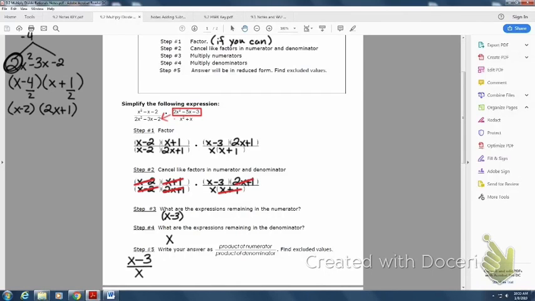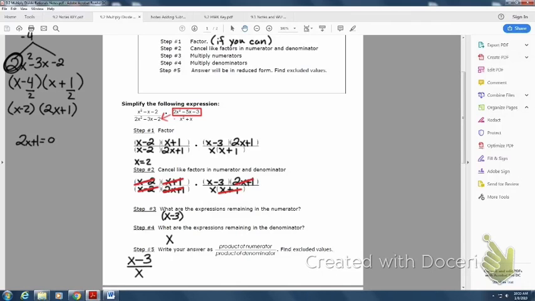You just want to think, if I set these factors equal to 0, what would they give me? So, what would x minus 2 give me? X equals 2. What would 2x plus 1 give me if I set that equal to 0? Ms. Kaufman, what would that be?